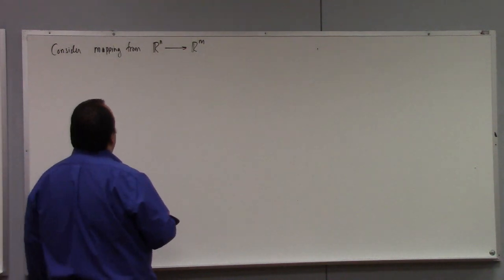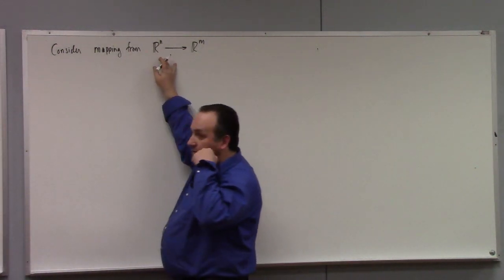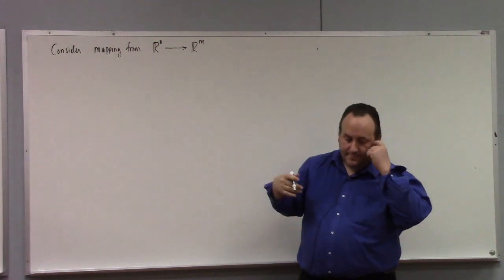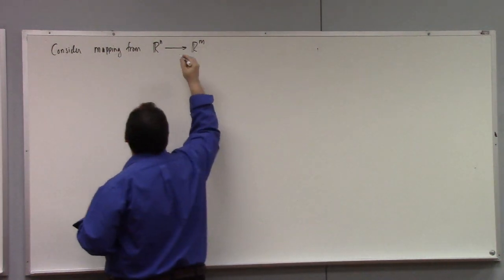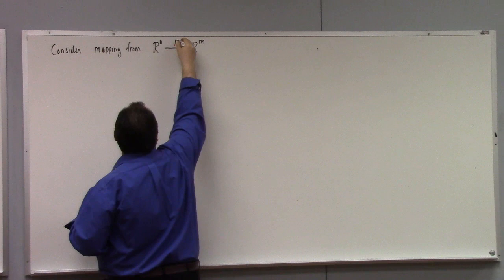False. So this might be nonlinear, all right? Possibly a nonlinear map. And so we'll call the mapping big F, right?